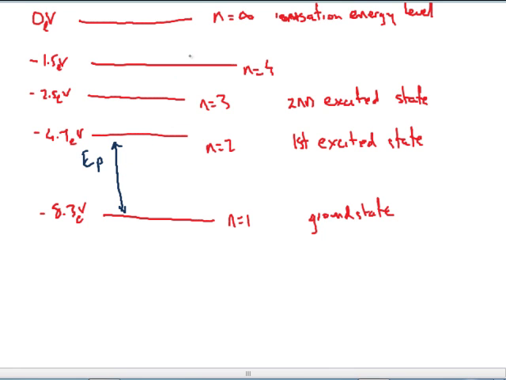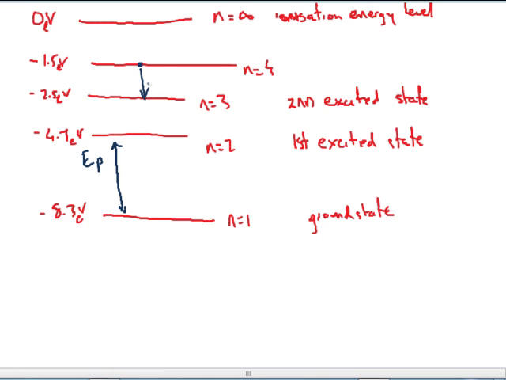Another question they do like to ask, I've seen it a couple of times, is to draw in, if it's at the third excited state, what are the possible wavelengths that could be emitted as it falls back to the ground state.